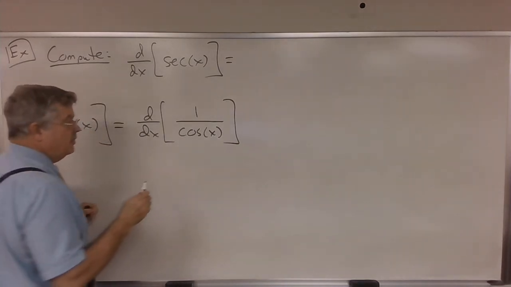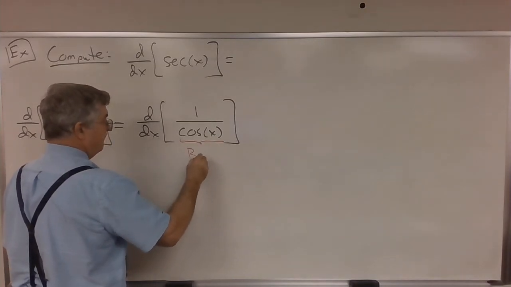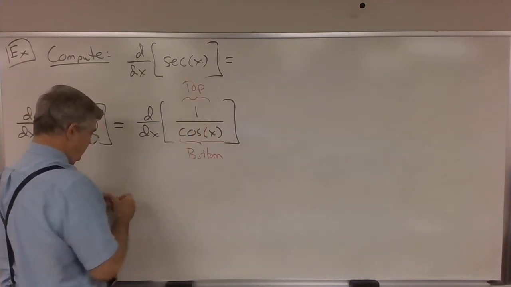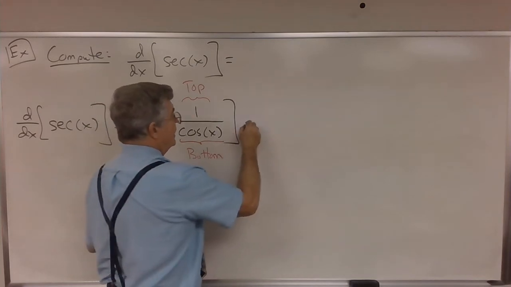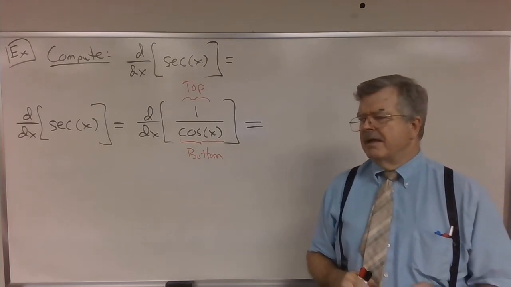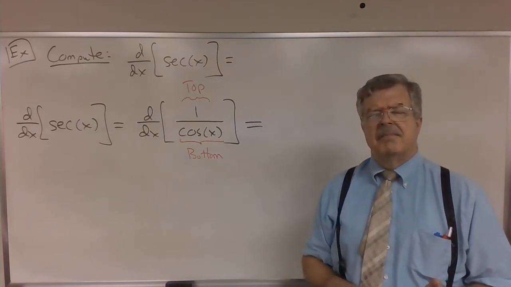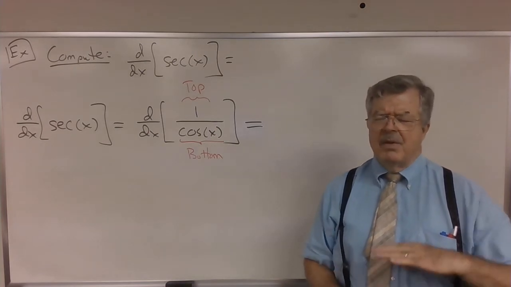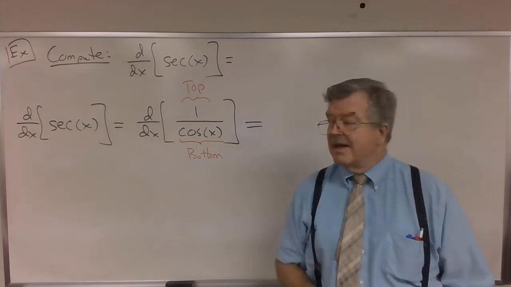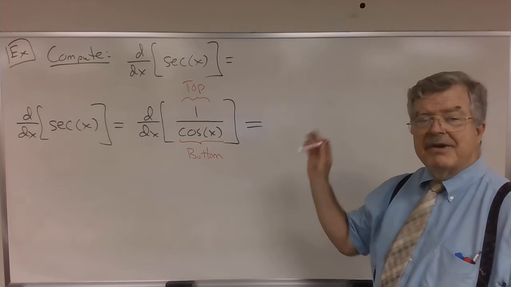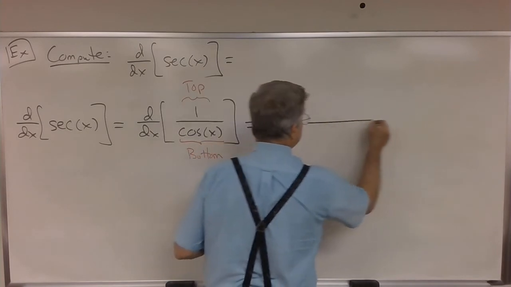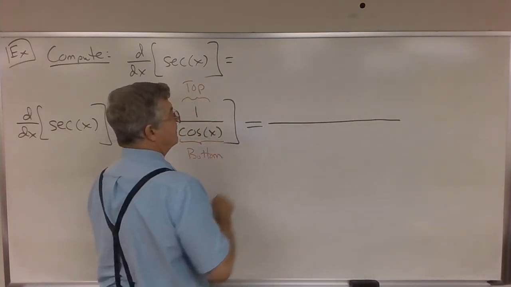And now we can use the quotient rule. Here's the bottom, and here's the top. And my quotient rule is starting to click. Top prime times the bottom, minus bottom prime times the top, all over the bottom squared. Yep, I'm getting it. So I will diagram this, or make a template out of it. Let's see, I know I'm going to get a quotient, so I'll write my bar there.